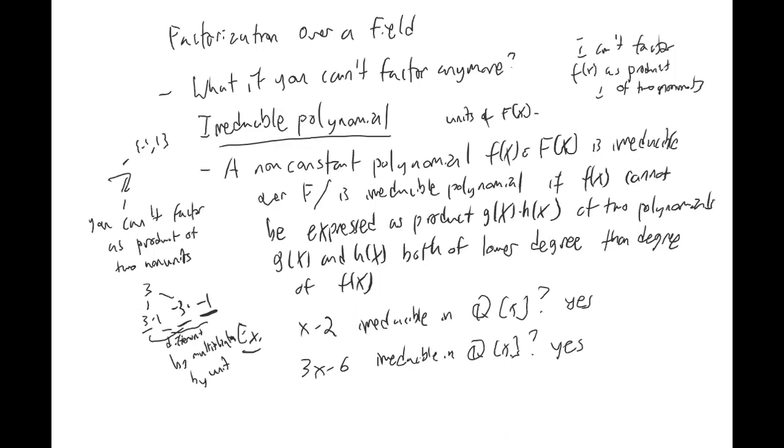It was somewhat like your quiz free response question, except I changed F to like Z mod 5Z. So what are the units of f of x? Let's just say F is a field for now. Yeah, let's make it easier. What are the units of F? It's just F without 0, right? Everyone agree?